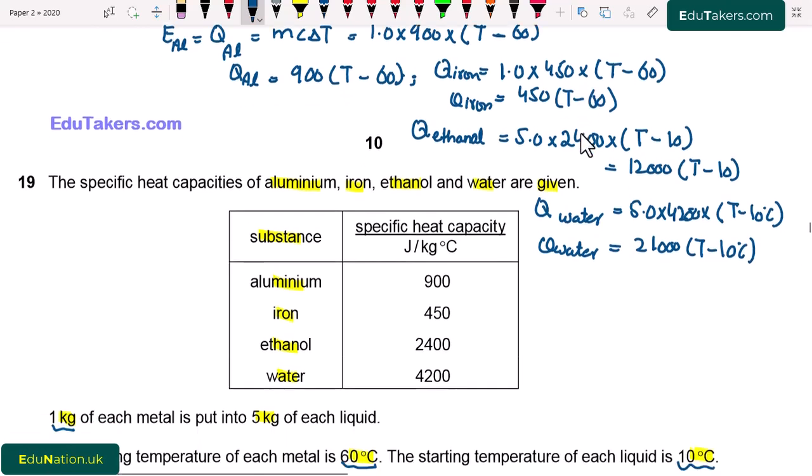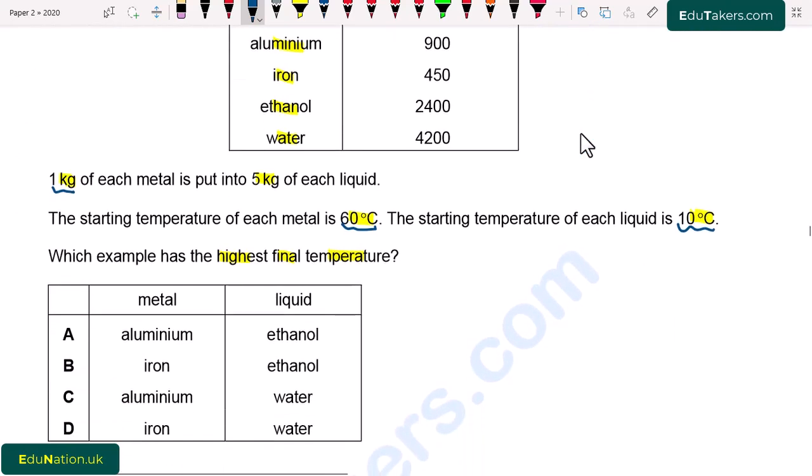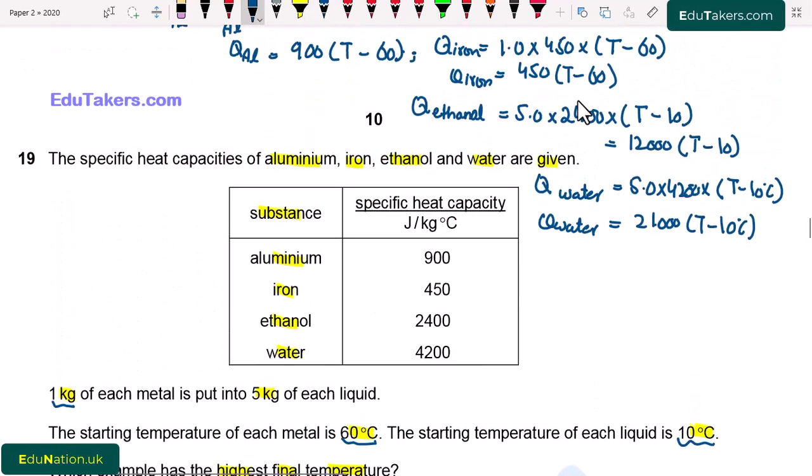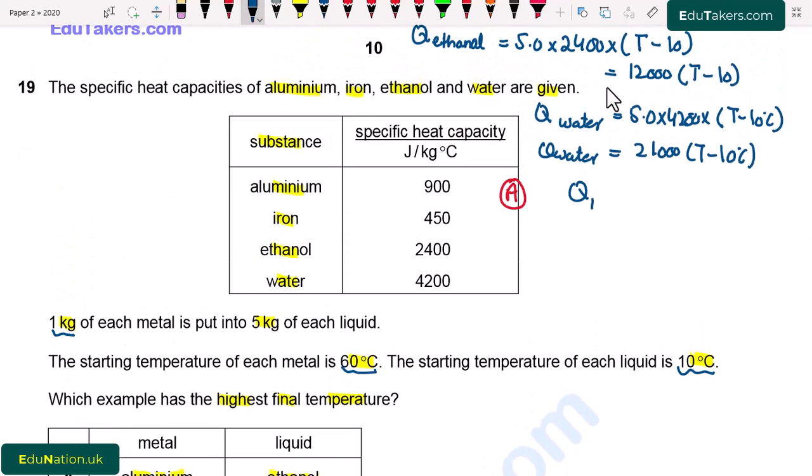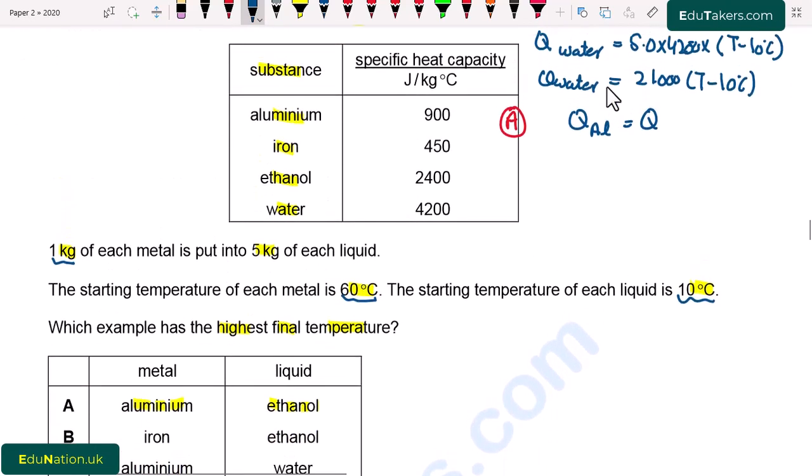Next, in the first MCQs, option A, here is aluminium and ethanol. So here, first of all, I consider aluminium and ethanol. Here I write A. So the heat of aluminium is equal to the heat of ethanol.